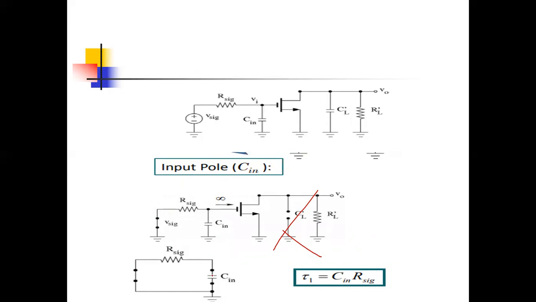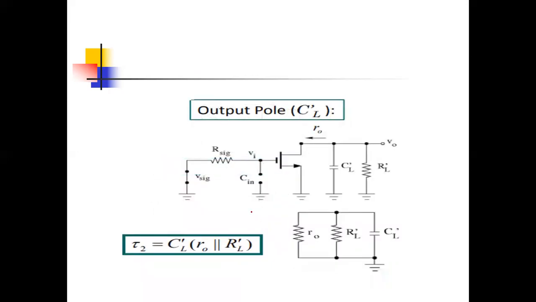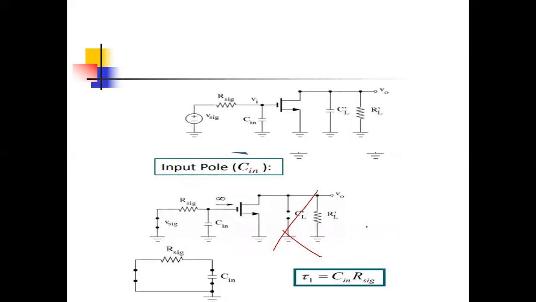The frequency is F equals 1 upon 2 pi RC. This RC is the time constant tau, and the frequency is 1 upon tau. So F equals 1 upon 2 pi R signal into C in. In this way, you will calculate the high frequency. It is not the low frequency, it is the high frequency due to the input capacitance.